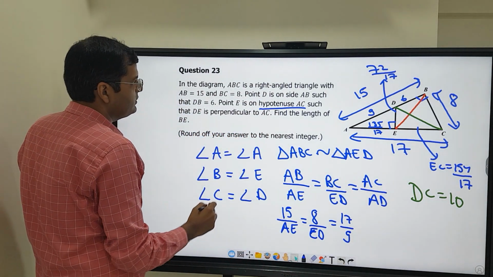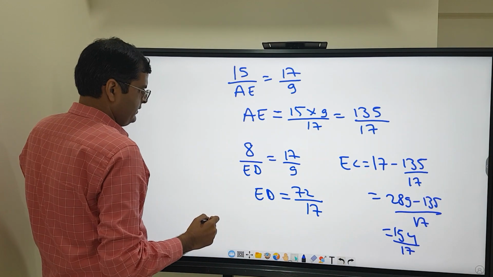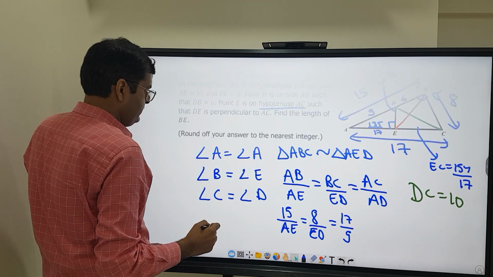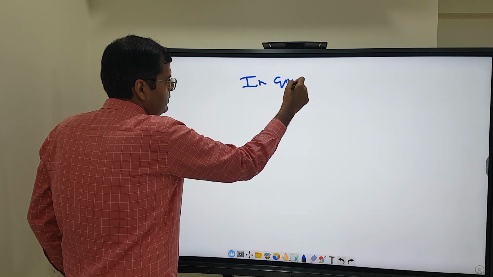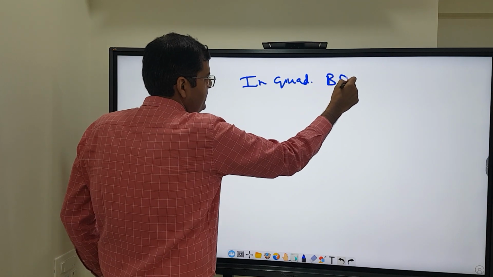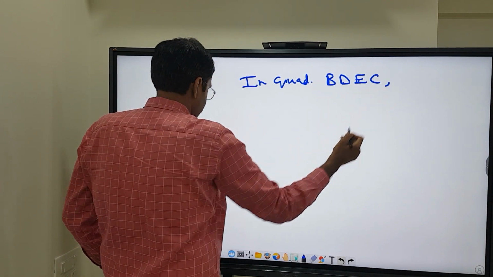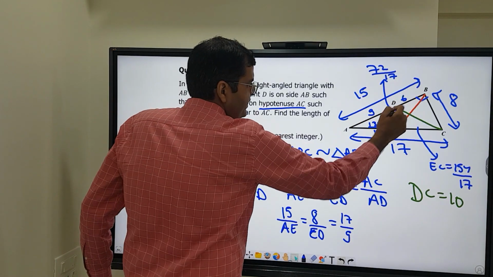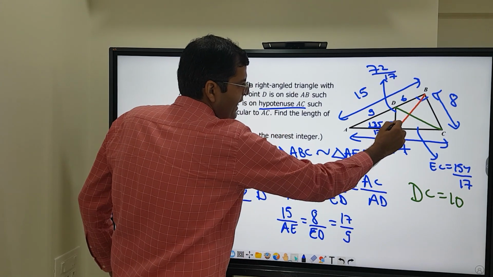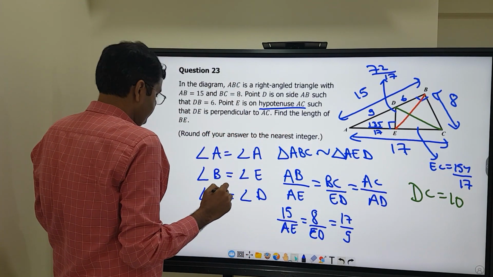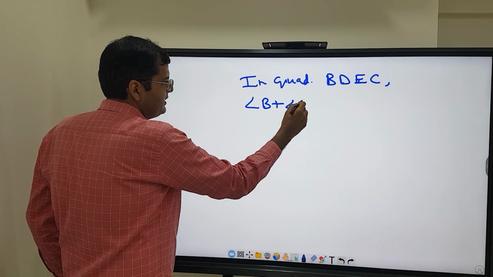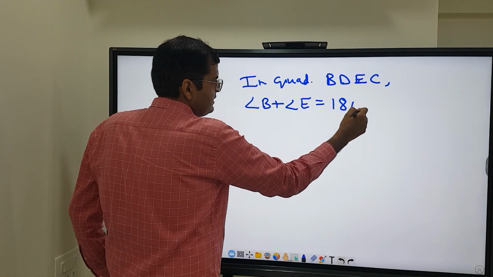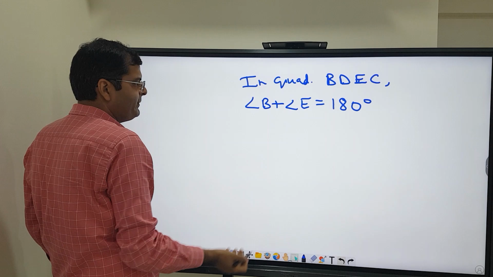Also in the quadrilateral BDEC, let me write over here. In quadrilateral BDEC, angle B is 90 degrees, angle E is also 90 degrees. So angle B plus angle E, which are opposite angles, sum to 180 degrees because both of them are 90 degrees.